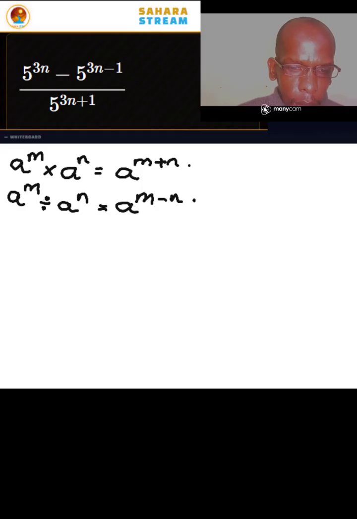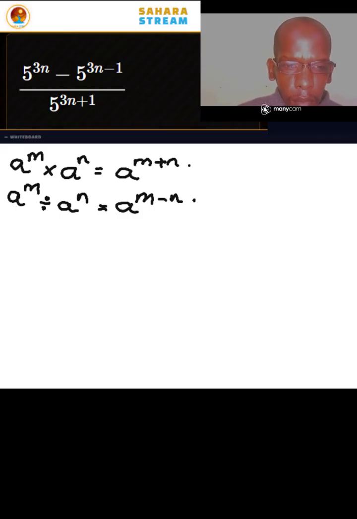Meaning, if we have bases which are the same but they are raised to different powers, and they are divided, we can just take the base, then we subtract the powers. Now, with this knowledge of the two laws of indices, we can solve this question.